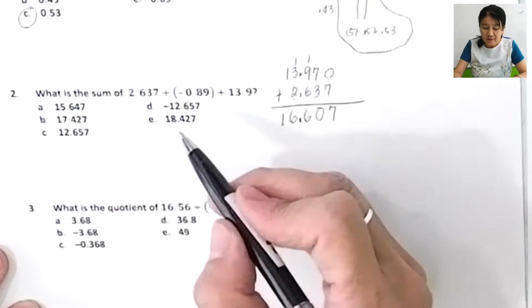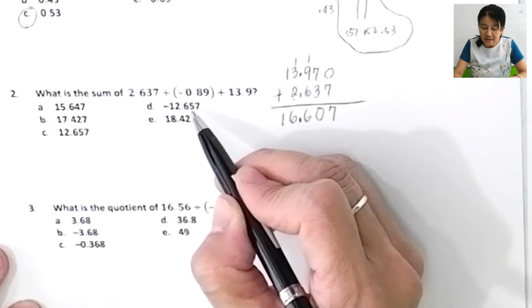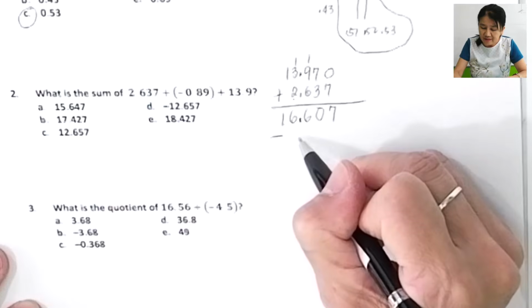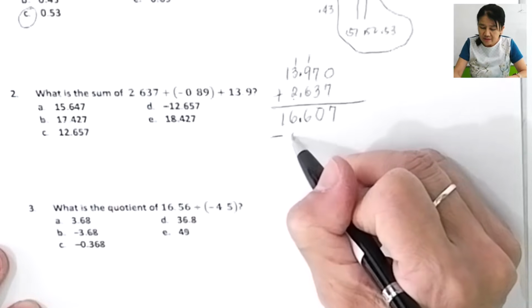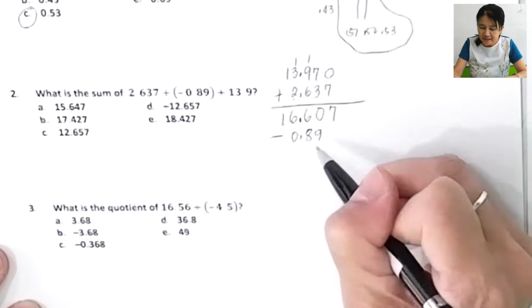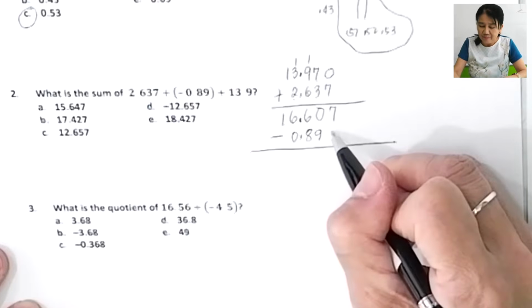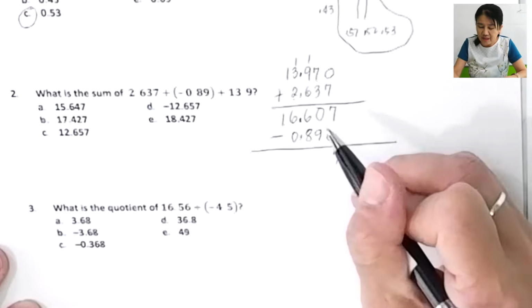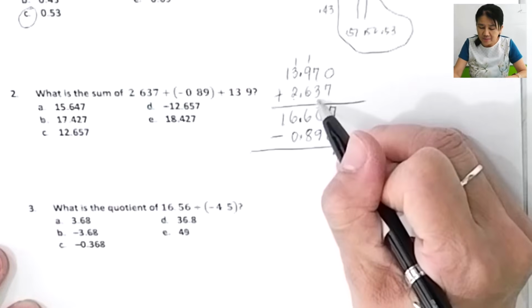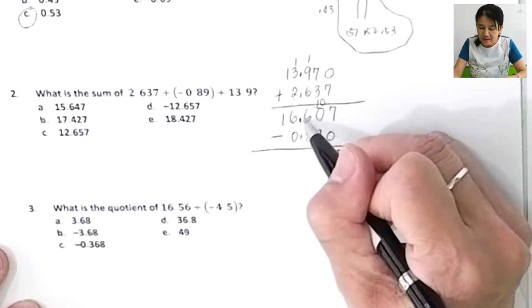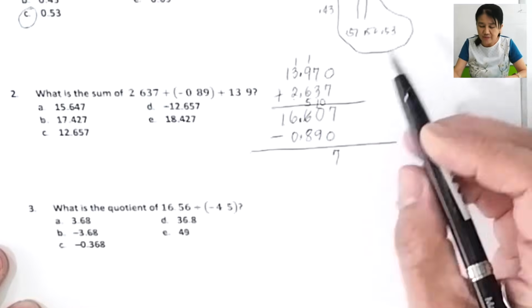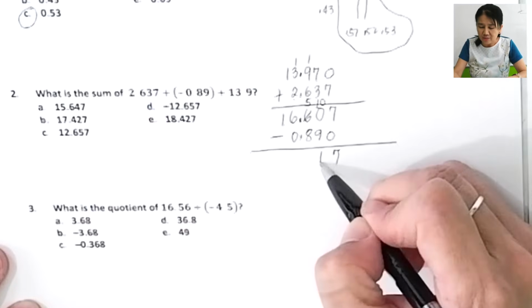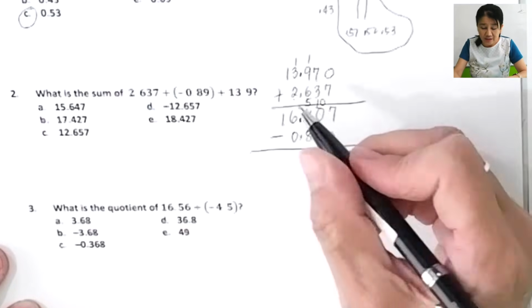And then, you now subtract negative 0.89. There, this is better. 0.89, negative. This means there's a 0 here. 7 minus 0 is 7. 0 minus 9 cannot be. Borrow 1, so you have here 10. You borrowed 1, so that becomes 5. 10 minus 9 is 1. 5 minus 8 cannot be again.